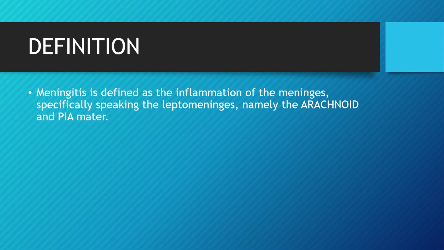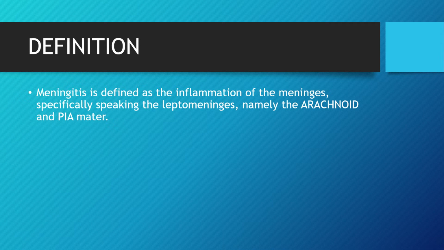We have the dura mater, just beneath the periosteum, followed by the arachnoid mater, followed by the subarachnoid space, and beneath the subarachnoid space lies the pia mater, which closely encapsulates the brain, in close contact with the brain.